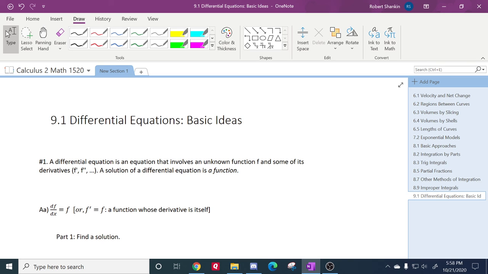Now, in all the classes you've had up until this point, you may have had application problems that felt kind of contrived, not really useful, wouldn't help you do any real problems in the real world.